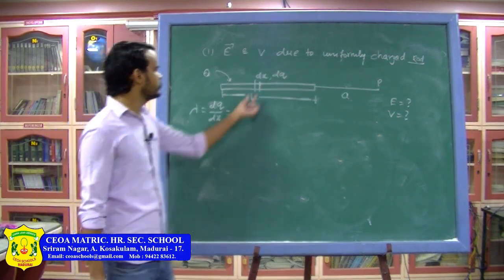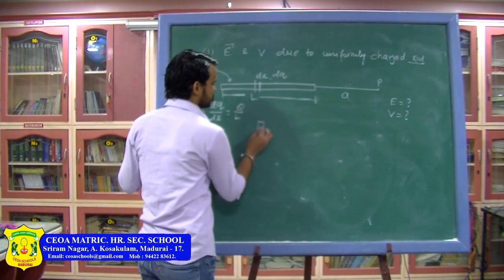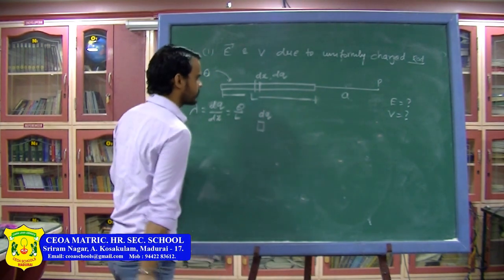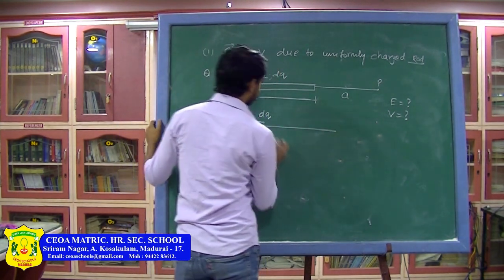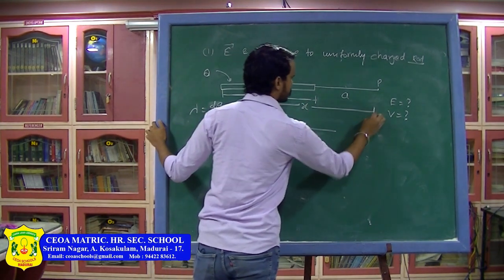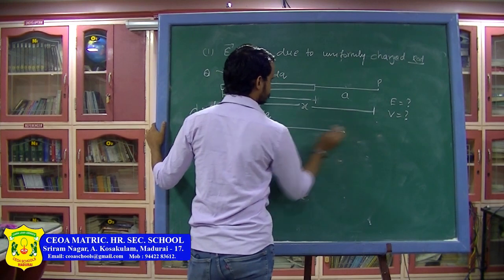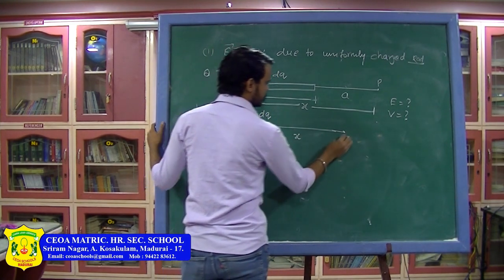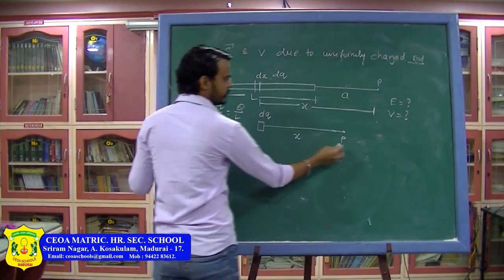Now due to this dq, I can take it separately. There is a charge dq, and at a distance x there is the point P where I need to find the electric field.